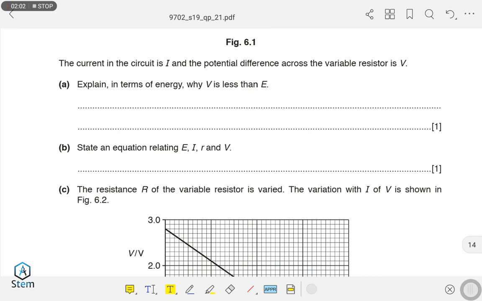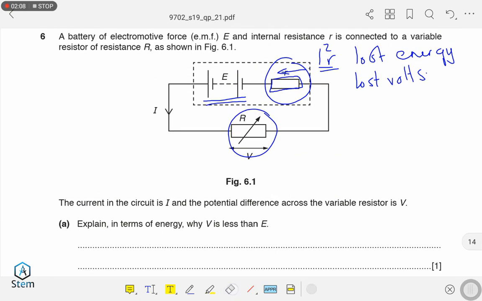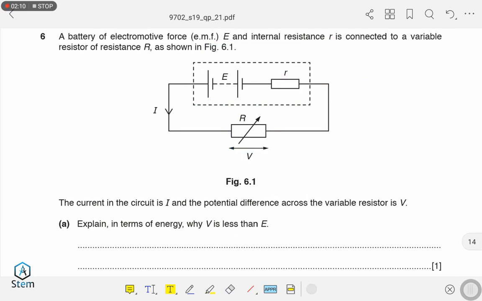State an equation relating E, I, R, and V. Okay, we know according to Kirchhoff that the potential differences across the circuit are equal to the electromotive forces generated within the circuit. So this is the electromotive force, and here we have a potential drop which is equivalent to IR.